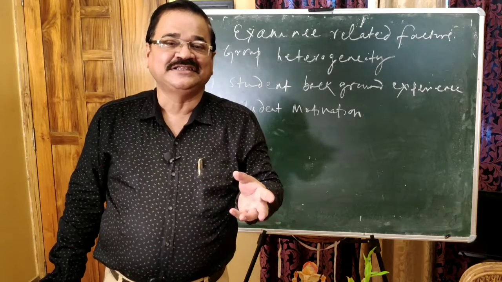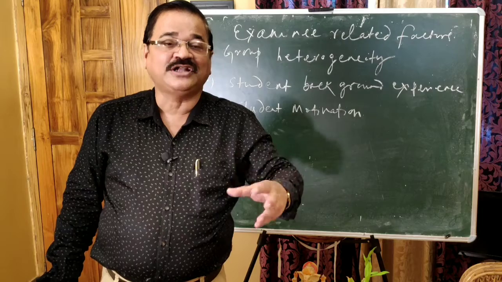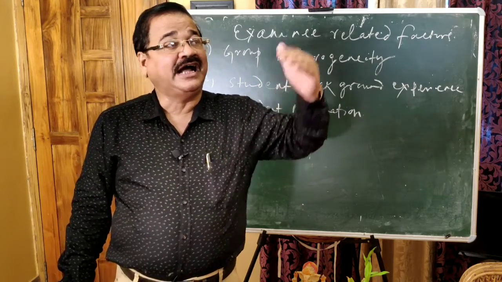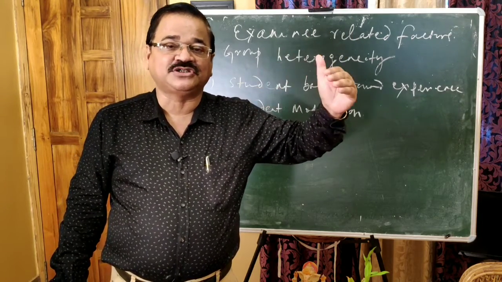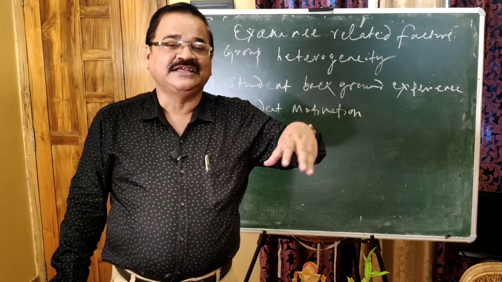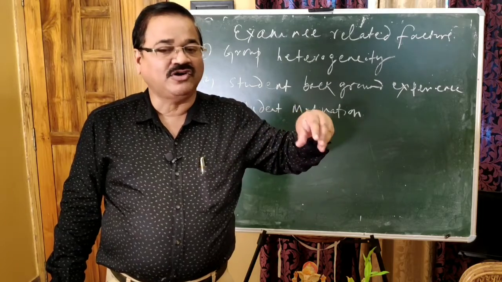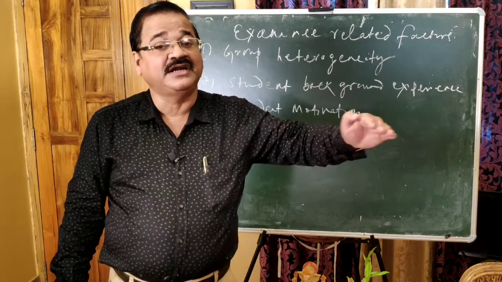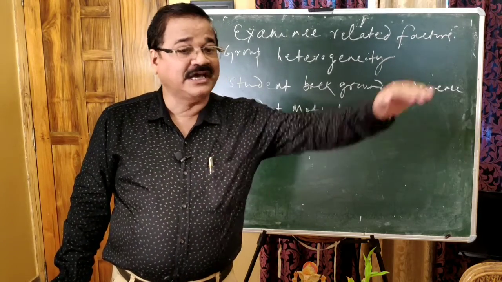So either they may be of low mental caliber, or they may be of higher mental caliber. If they belong to higher mental caliber, naturally they will score higher marks. They will concentrate at the higher end. And if the poor students are there, they will secure less marks. There will be concentration at the lower end of the scale. It will not spread.